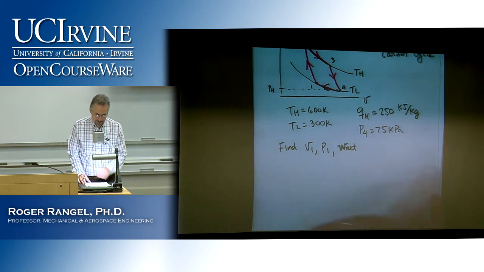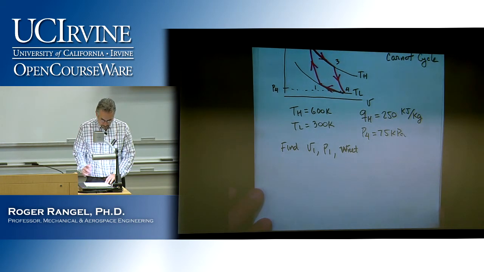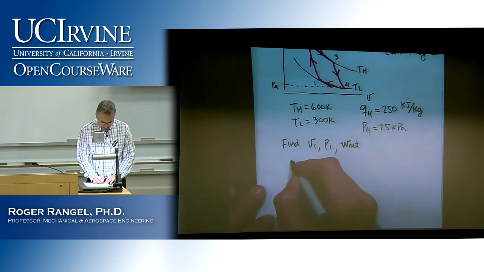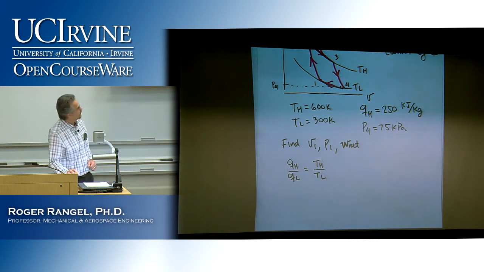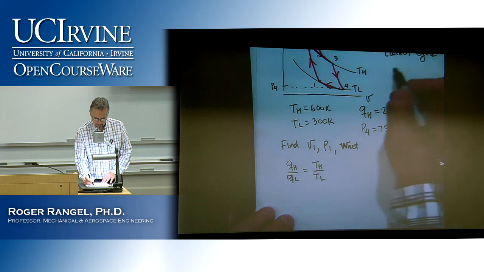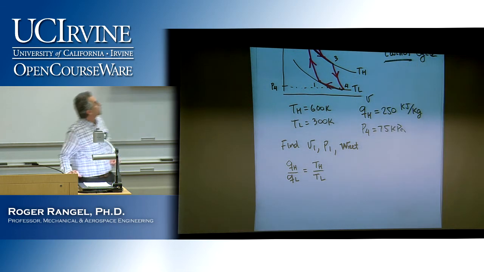For example, because it is a Carnot cycle, we can immediately say that Q sub H over Q sub L is equal to T sub H over T sub L. That's because it is Carnot. If not, I couldn't do that, but I'm told it is a Carnot cycle.